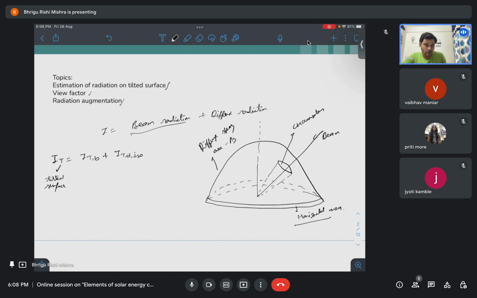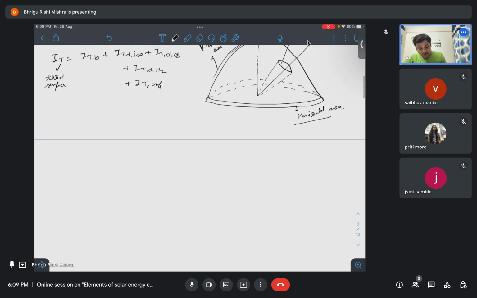Here ISO means isotropic, that means in this area diffuse sky, and T again tilted, and D means diffuse, plus IT,D,CS for circumsolar, and the last one is from horizontal, IT,D,HZ. Now there is some other radiation that the tilted surface gets from the reflection of radiation from surrounding objects, or you can simply say the neighboring objects. So this is IT reflection.